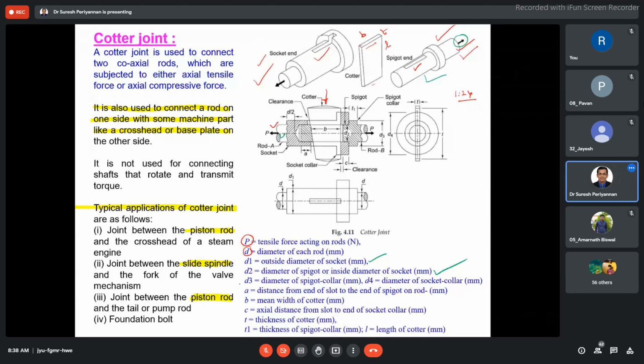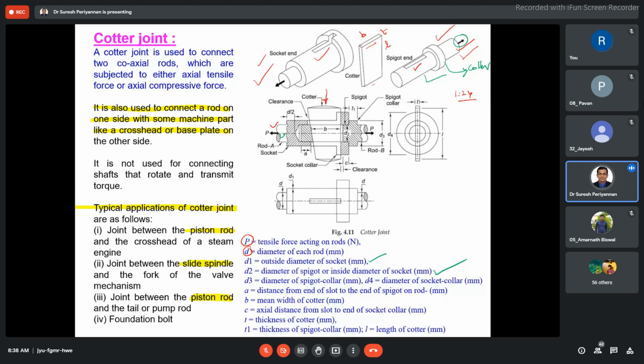And D3 is the diameter of the spigot collar. Where is the spigot? This is the spigot collar. And A is the distance from the end of the slot. A is the distance from the end of the slot here.